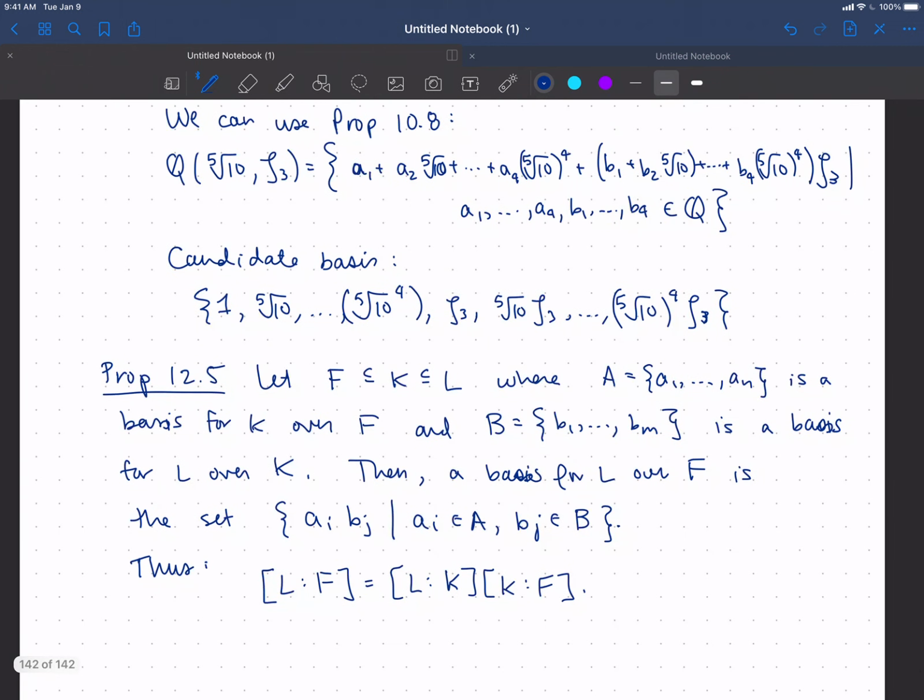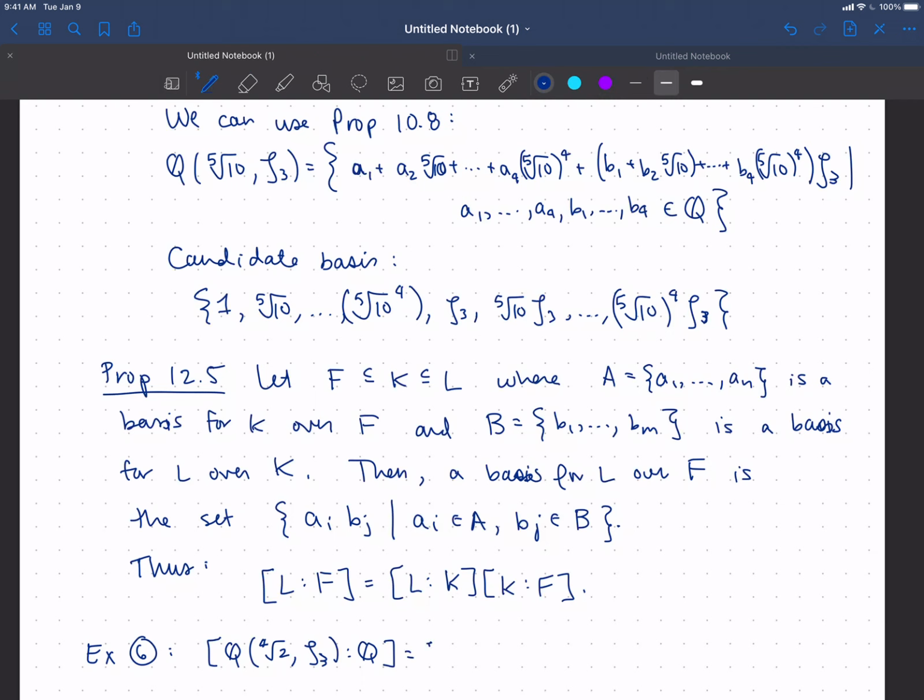And we can use this to quickly work out the dimension of some stuff, like, let's say, example 6. If I look at the dimension of Q adjoin the fourth root of 2 and zeta 3 over Q, what proposition 12.5 says is I can do this piecemeal.